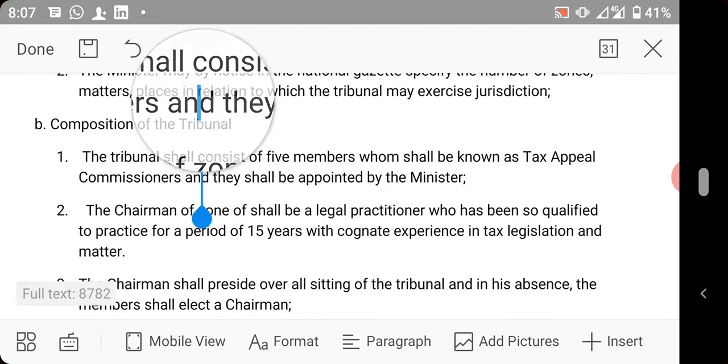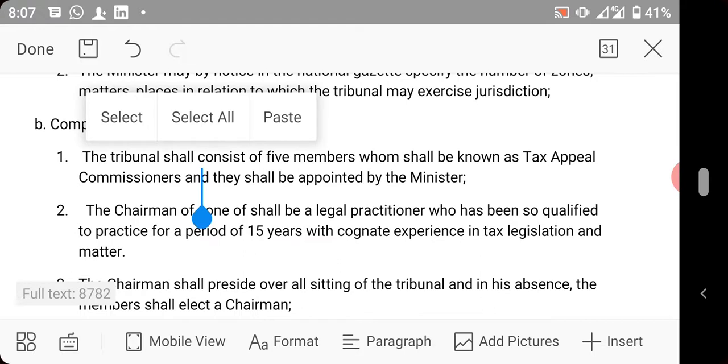In the absence of the chairman, the tax appeal commissioners shall elect a person who shall preside over their sittings. The quorum that must be formed before a sitting can take place is 3 by law.